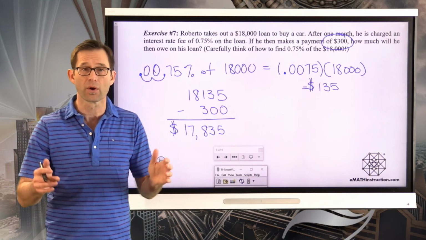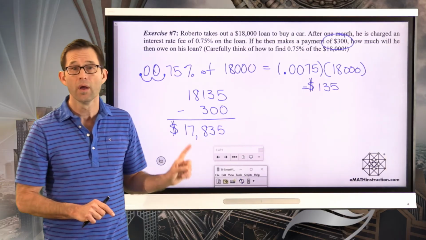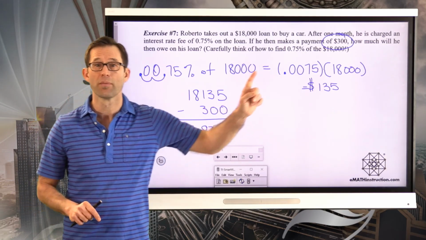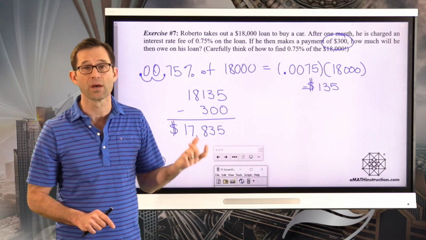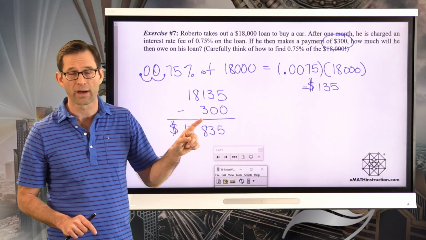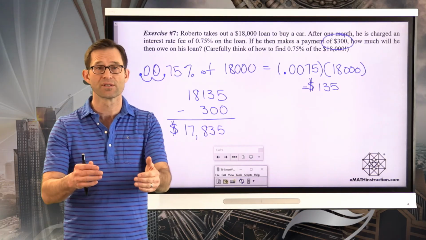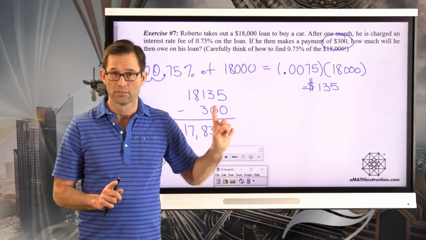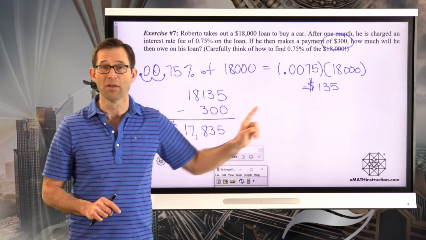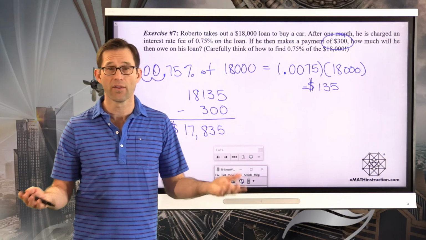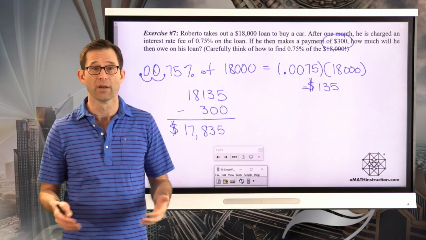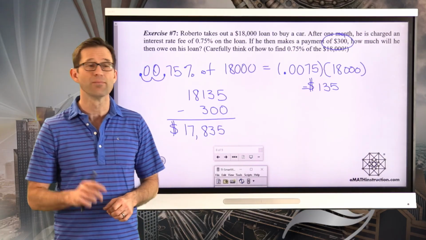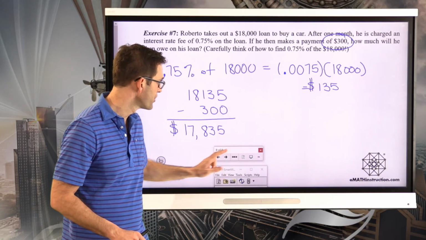It would just keep getting bigger and bigger, because in month 2, we would be taking this number, multiplying by 0.0075 to get another chunk of interest that we'd add on, and then we'd subtract off our monthly payment, et cetera, et cetera. Normally, the monthly payment has got to be bigger than the interest charged. Otherwise, again, you will never pay off the loan. Like ever. It just won't happen. It'll just keep getting bigger. All right, let's move on and wrap this up.